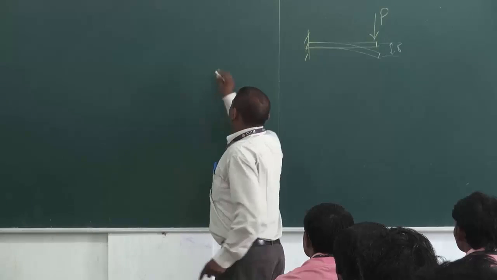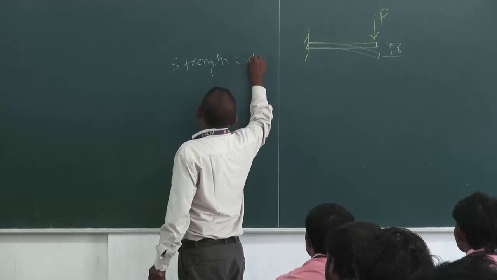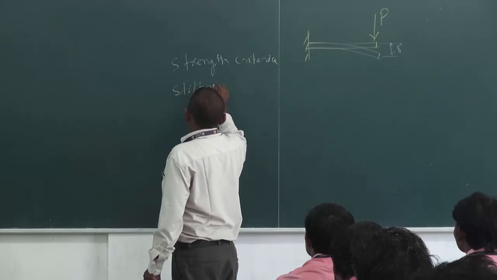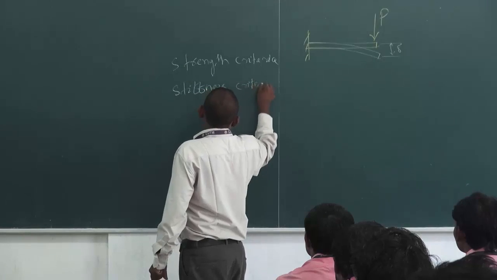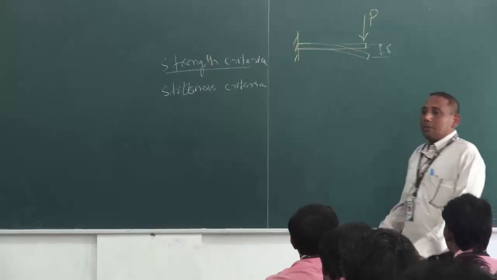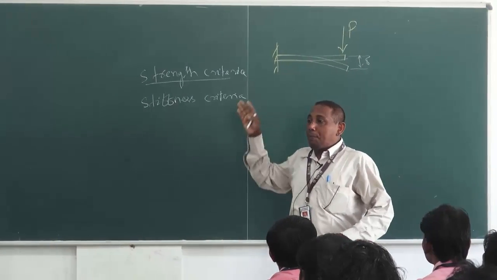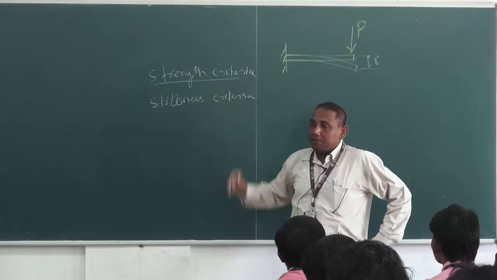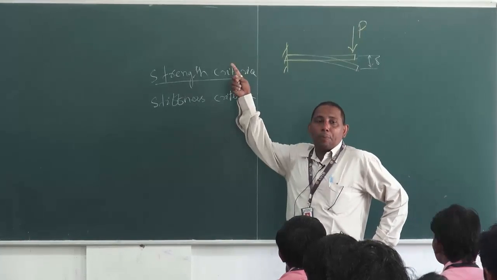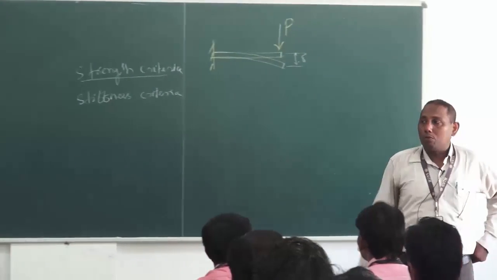According to the strength criteria, we are interested in calculating how the beam resists the shear force and the bending moment. In other words, how the beam is resisting the shear stresses and bending stresses produced by the load.